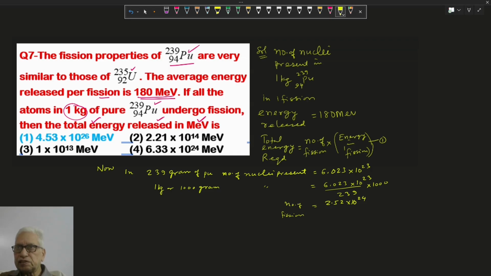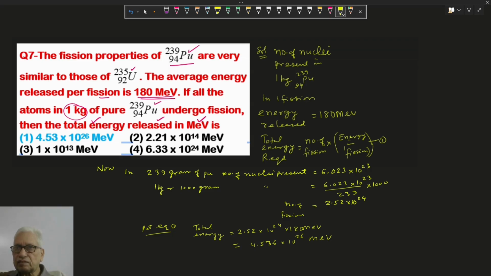If we put it in equation 1, we get total energy equal to number of fissions, that is 2.52 into 10 to the power 24, multiplied by energy in one fission, 180 million electron volt. So here it comes to 4.53 into 10 to the power 26 million electron volt.